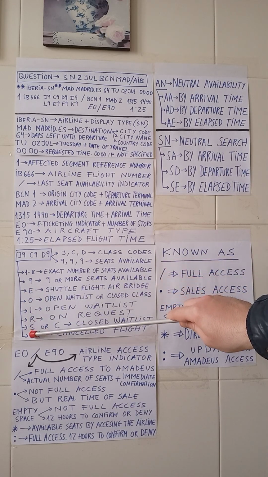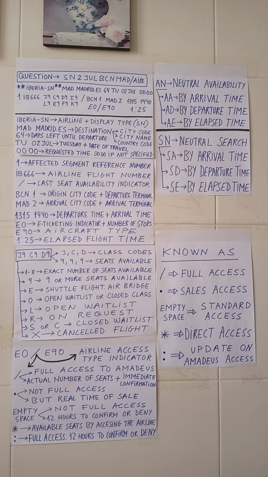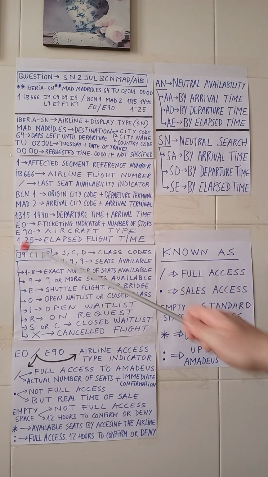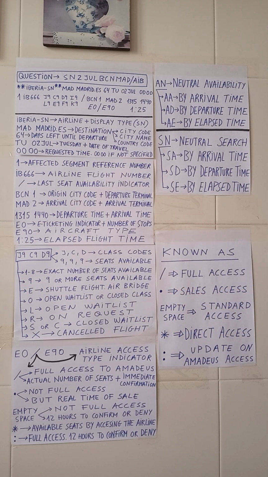These letters could appear on an availability screen replacing the number of seats when the seats of each of the existing classes have been exhausted. E would appear replacing the number of seats in a specific class when the flight is of the shuttle type or an air bridge.